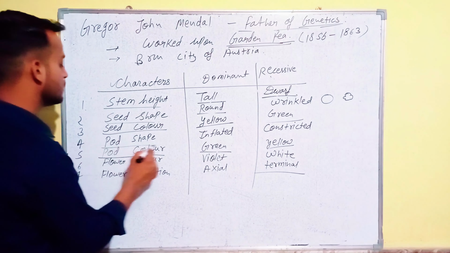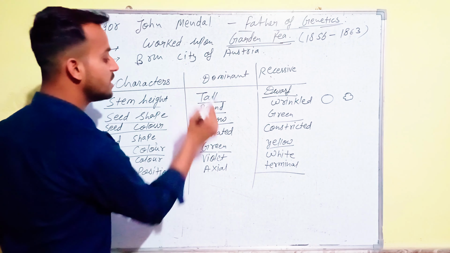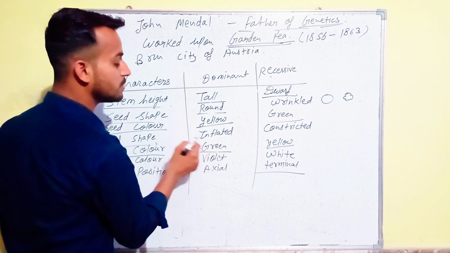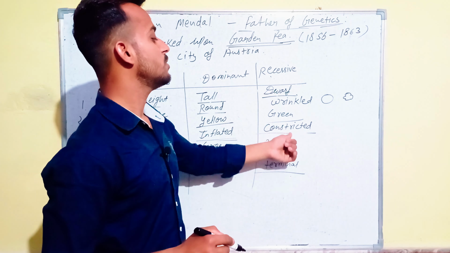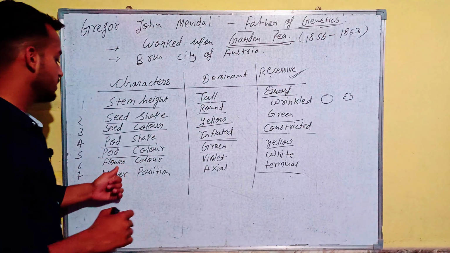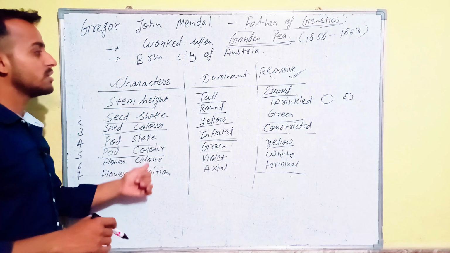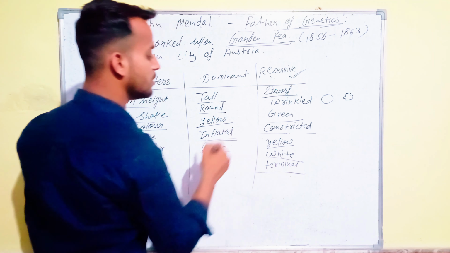Next, shape of pod: in the dominant condition, when it is greenish and fresh, it will be inflated, and when it is mature and old, it will be constricted. That's a recessive character. Next, color of a flower: dominant color is violet and recessive color is white.